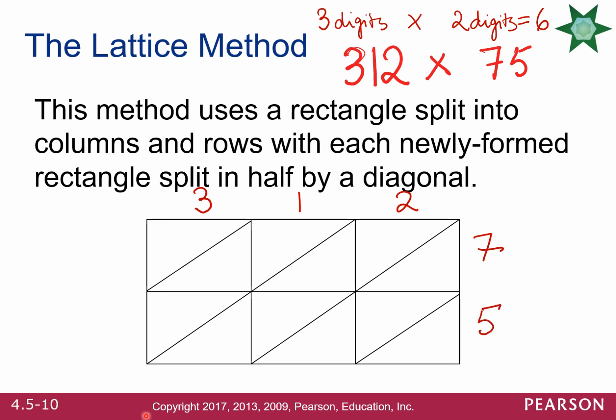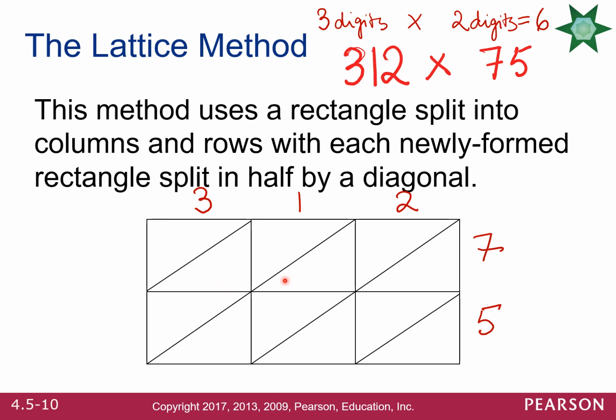Next, we divide each cell into 2 parts by drawing a diagonal in each cell going from the left to the right. So each cell gets partitioned into 2 parts, and each of these parts is going to hold the digits of the multiplications we are going to perform.